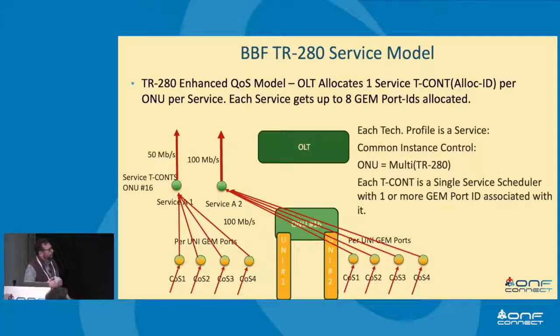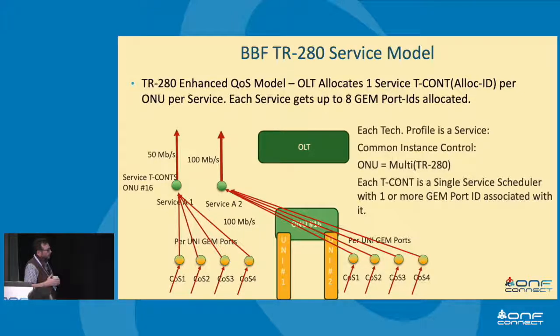This is an example of a TR-280 service model. This is like the AT&T service model. So in this case, I have a technology profile that has a TCON with 4 GEM ports. The technology profile defines the p-bit mapping to each GEM port. It defines the scheduling policy between the GEM ports.